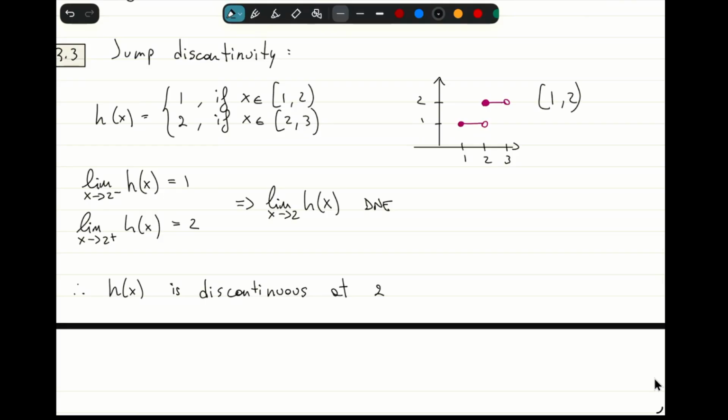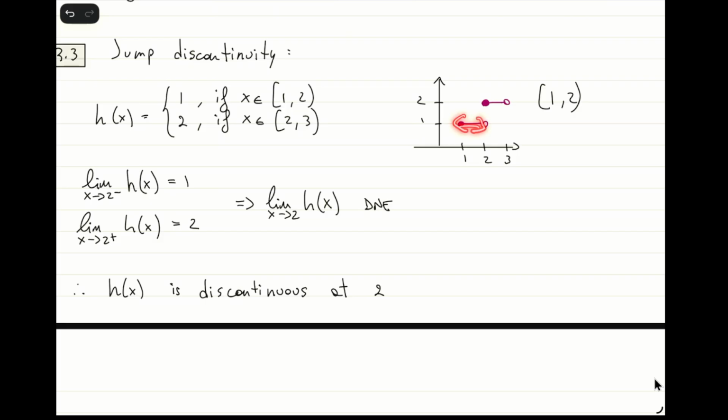So that means we do not include the 2. If we take every other point other than 2 in the interval between 1 and 2, we can include 1 because we have the square bracket. That means our function will be continuous from the left. Sorry, from the right. Our function at 1 will be continuous from the right.